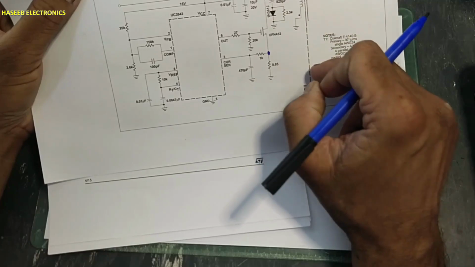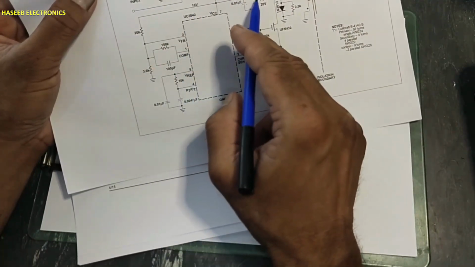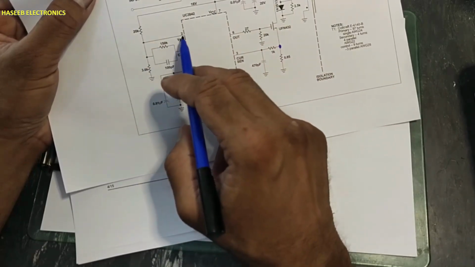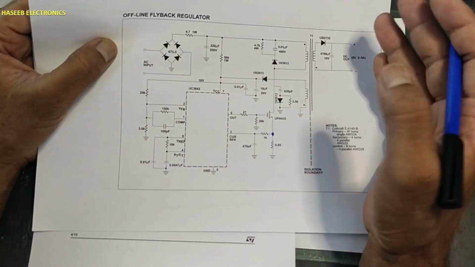There is no optocoupler. At the feedback pin, the same auxiliary voltage is connected. It will provide feedback current at this pin, so it will regulate the output voltage.